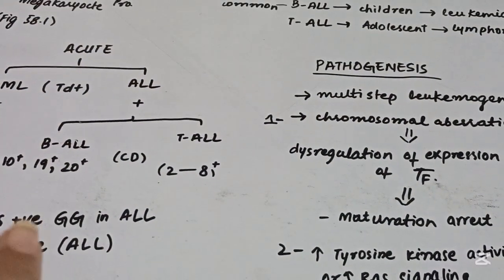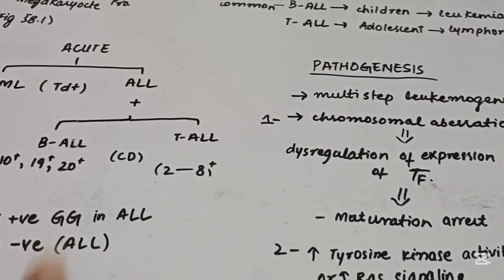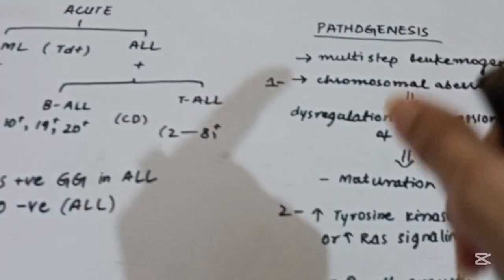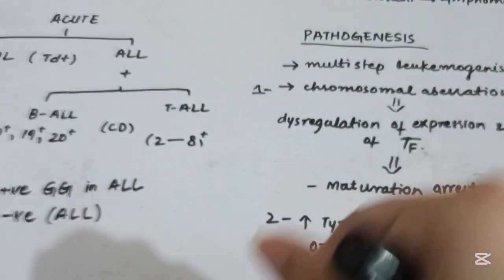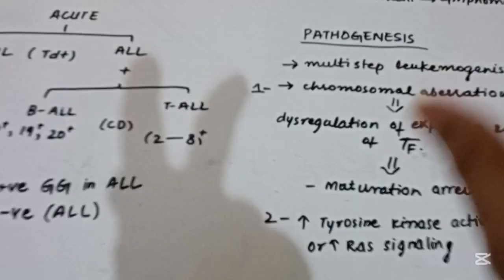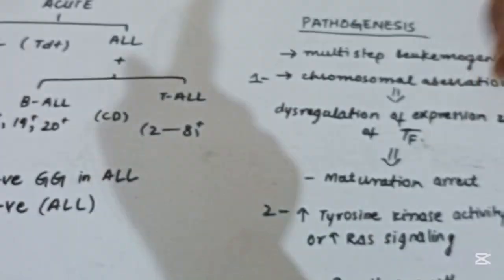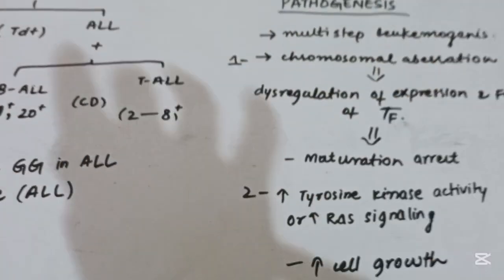Like if CD10, 19 and 20 are present, then that specific ALL is known as B-ALL. And if any CD marker between 2 to 8, that is 2, 3, 4, 5, 6, 7 or 8, is present, then that specific ALL is known as T-ALL.